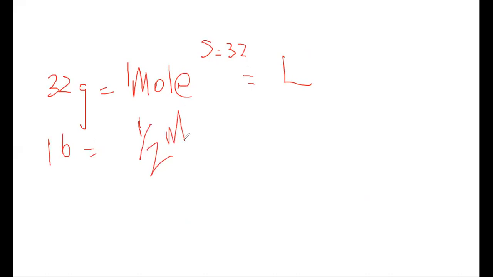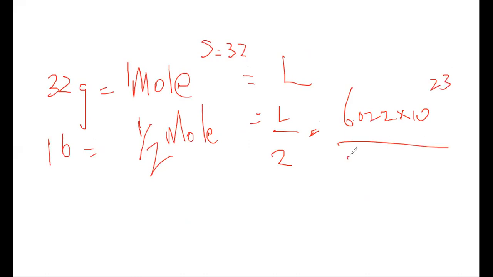Half mole. How about this one? L by 2. L by 2 means L is 6.022 into 10 to the power 23 over 2. What's the answer? 3.011 into 10 to the power 23.